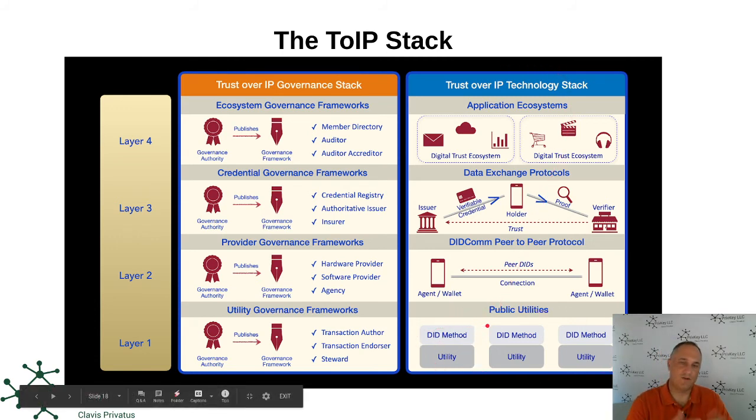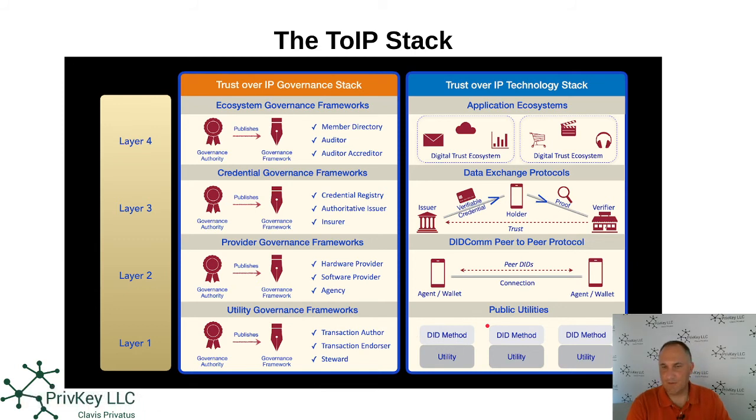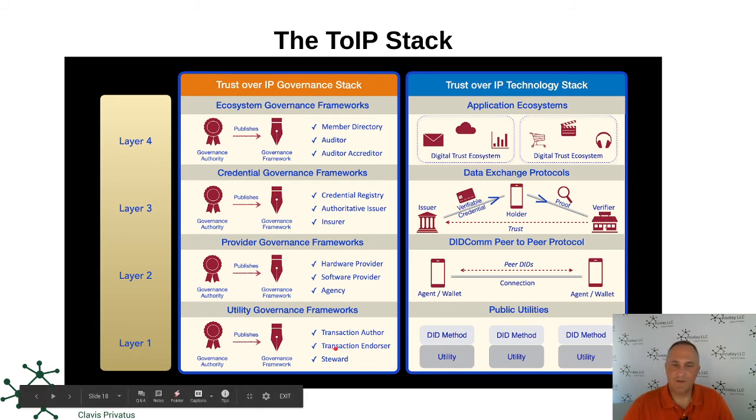Whether it's Hyperledger, and we'll see an example on one of the slides, or Microsoft, or Bitcoin itself. In the case of Microsoft, it is using Bitcoin itself, Hyperledger is using its own blockchain, and there's also Ethereum that uses its own blockchain as well. In governance, you have stewards and transaction endorsers, people who put the transactions in.